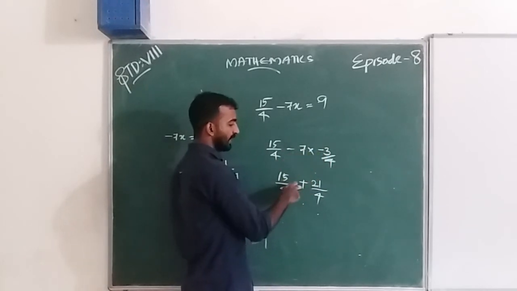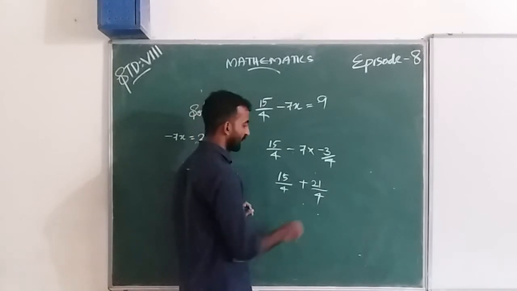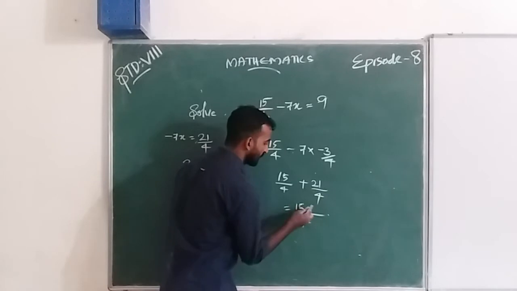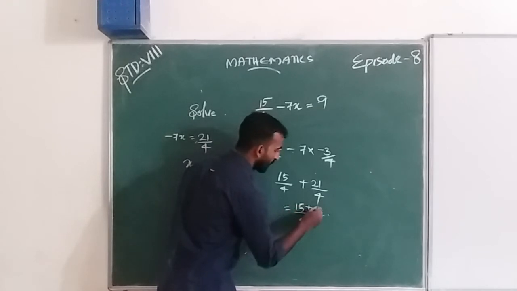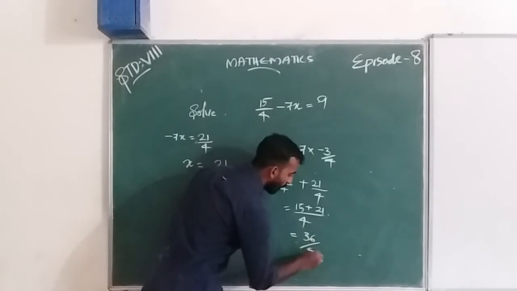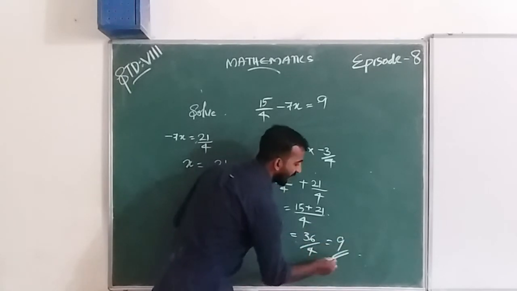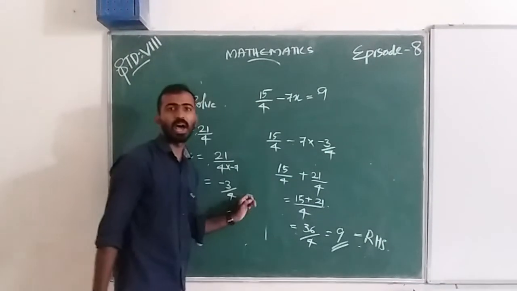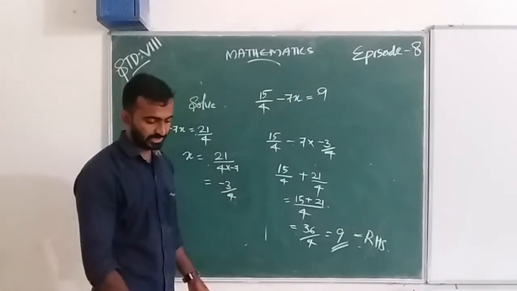Negative into negative goes to positive. Here the common denominator is 4: 15 plus 21, that is 36 by 4, that is 9, which is equal to the RHS.